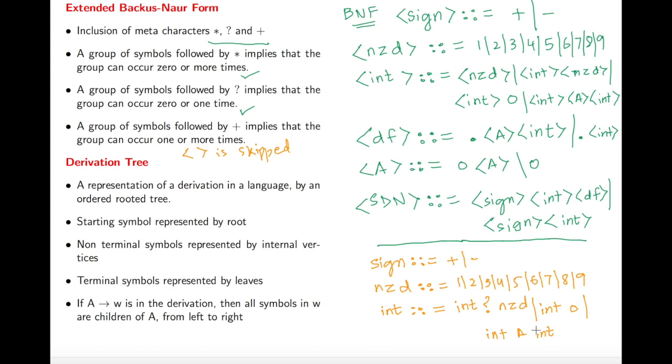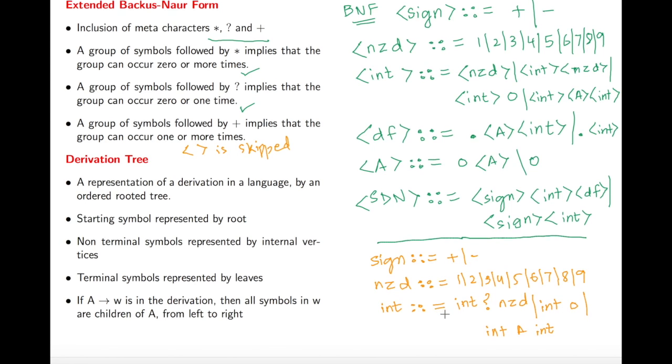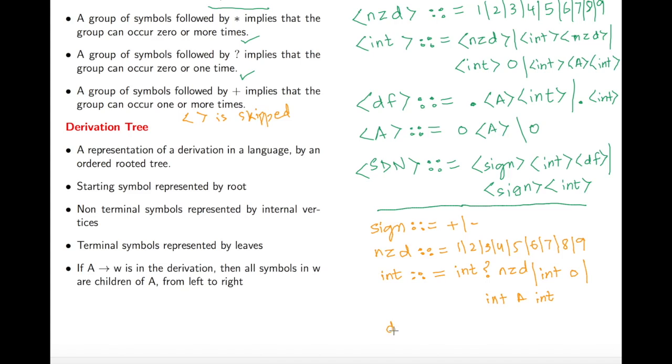And then we have the decimal fraction. Again we can say point, and a is there or a is not there. So we can say a question mark, and then int. So it can be point a int, or it can be point int.